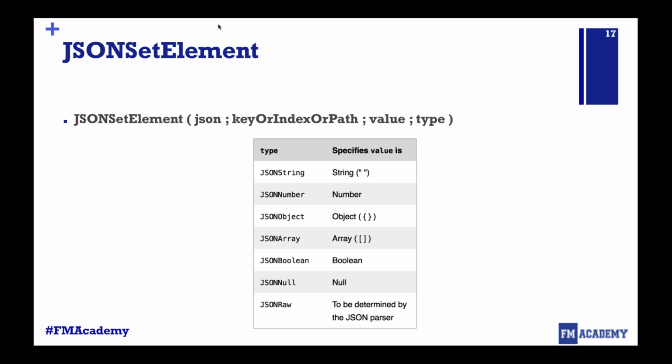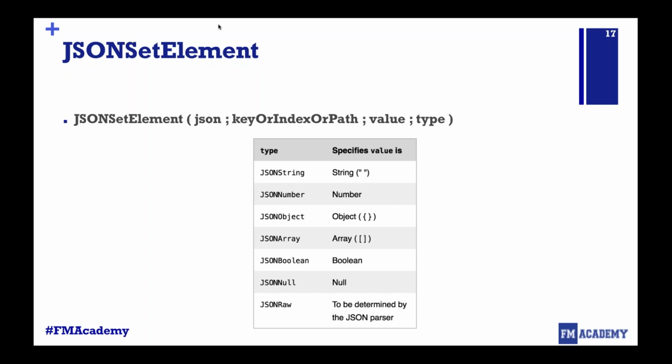Then the third parameter would be the value. And then lastly, you would have to specify which type. And we see here, there's this handy little chart from FileMaker of the different types you can pass in to that value. The first 6 match up with what we saw earlier about the 6 different JSON types, just with JSON in front of it.